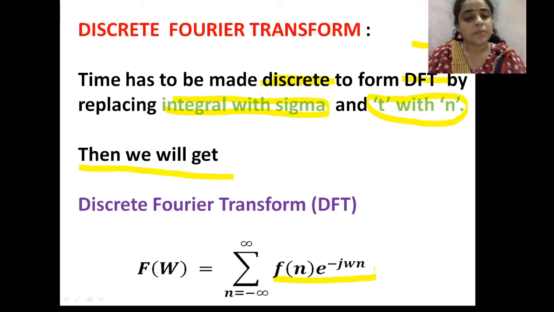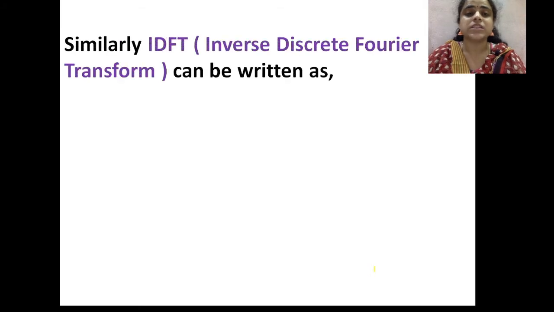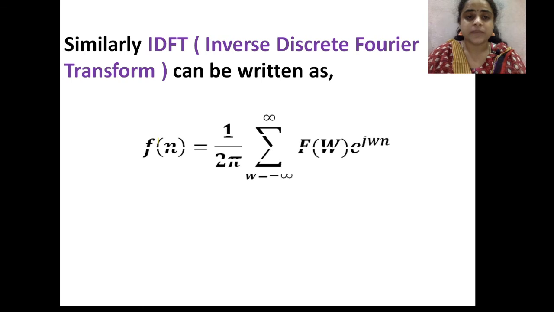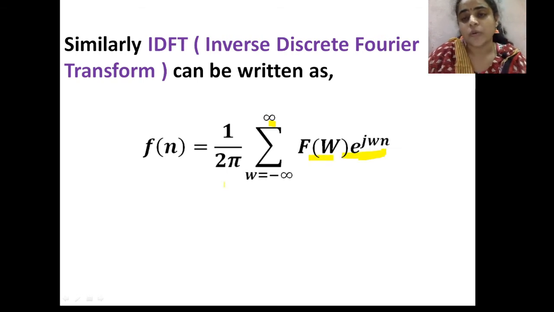In the same way, the inverse discrete Fourier transform, IDFT, can be written as f of n, where earlier we found f of t. So small f of n is equal to 1 by 2 pi, summation omega equal to minus infinity to infinity, F of omega into e power plus j omega n.